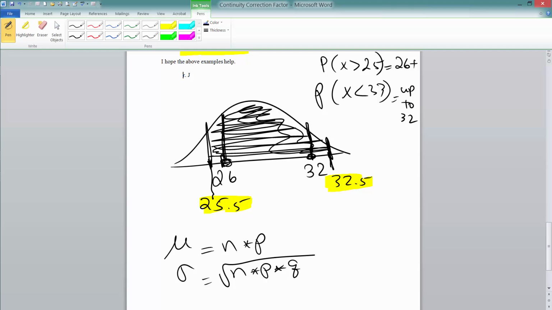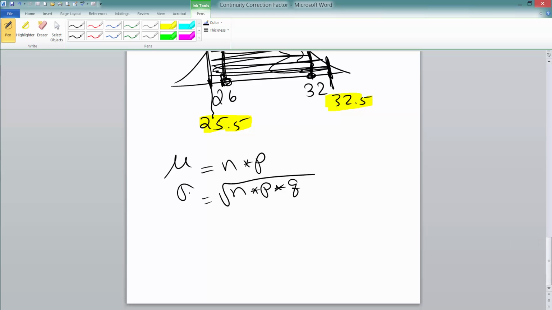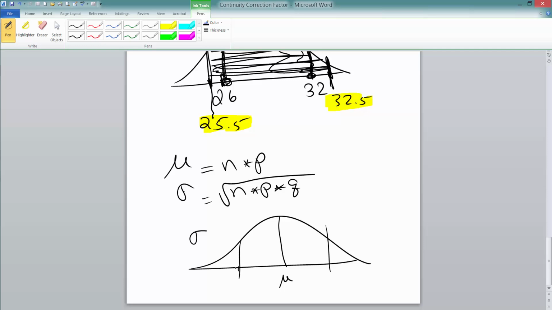So we use that as our mean for the normal. We use this standard deviation that we compute, and so for these problems we would use that mu and that sigma, and then if our values are these 25 or 33 or whatever, we just compute the range around it.